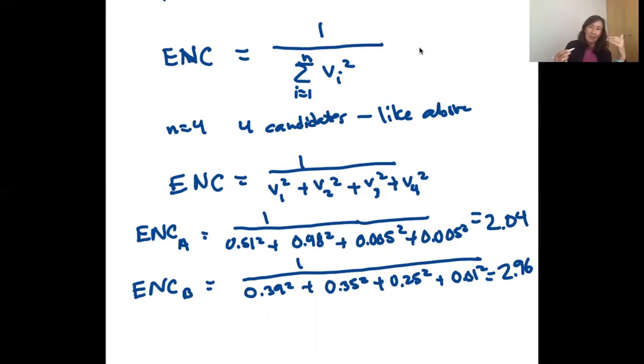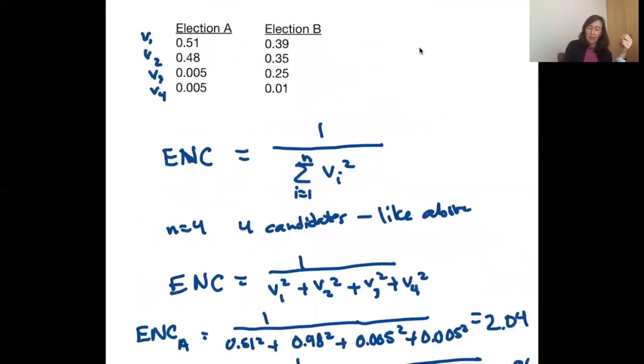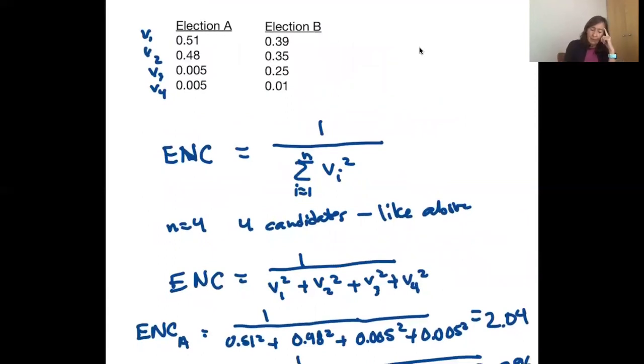The cute thing that happens when you take the reciprocal is that when you get an answer that's close to an integer, it corresponds with your intuition about the actual number of candidates that matter here. So you get a value close to 2 here when it looks like it's a 2-person race, close to 3 when it's a 3-person race.